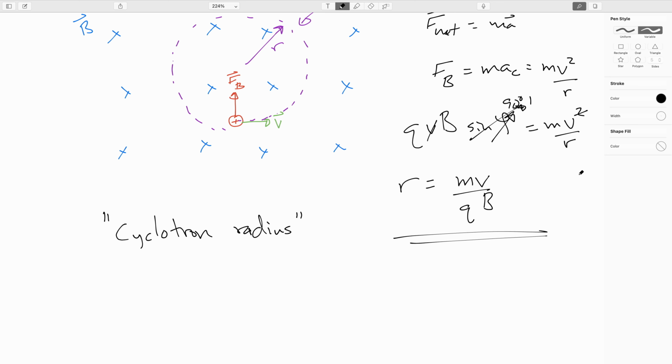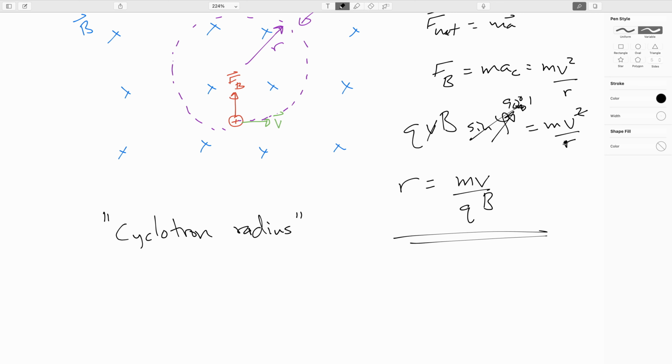These differ in that the carbon-14 has two more neutrons than carbon-12, so it makes it a little more massive. And we can see here, for the same speed, if we're a little more massive, you'd be going at a bigger radius. And so this is the sort of principle that gets used to figure these percentages out. You accelerate things to a known kinetic energy.